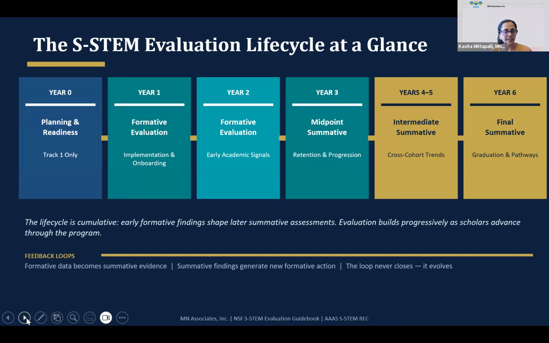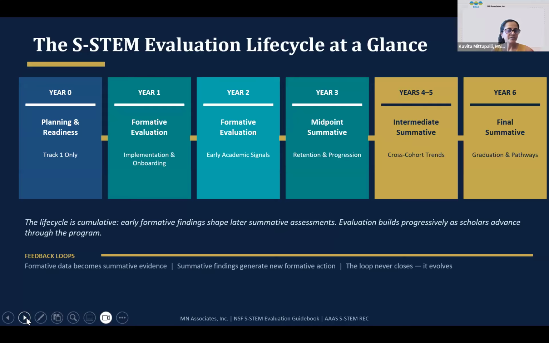So for instance, if year 3 data analysis and results reveal some kind of an inequity in the outcomes for a particular subgroup of your cohort, this is an opportunity for the project team, the PIs and the co-PIs to make formative corrective adjustments for the next cohort, right? Because the next cohort is probably being recruited or selected in the fall of that year. And these results from that year will actually help to make those corrective actions and make those adjustments to the next cohort.